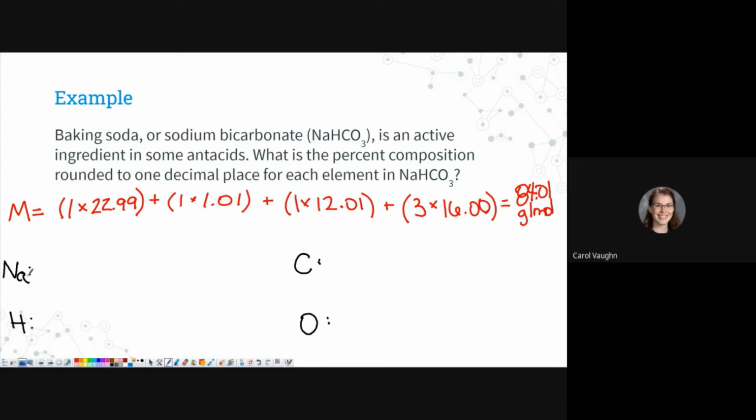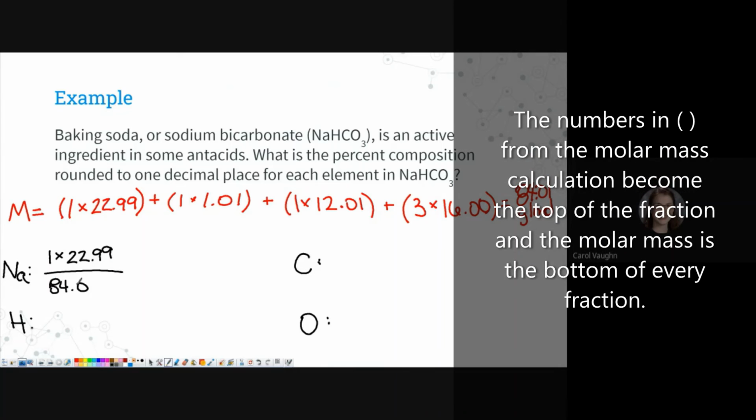So we have to find that by taking the moles of the element in the compound times the molar mass of that element. So basically what you're going to end up doing is taking these numbers where we added everything together. Those are going to become the individual numerators in all of these problems.